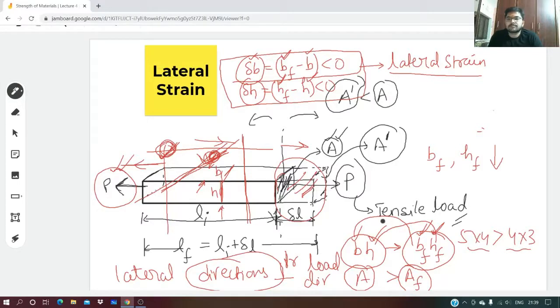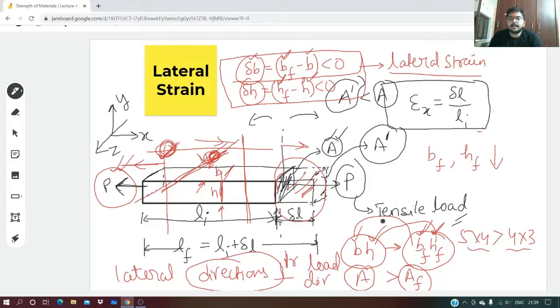Say for example, this longitudinal direction is x, this vertical direction is y, and this horizontal one, out of the plane of this paper or screen, is z. Then epsilon x is delta L by L initial, and this is along the length, that's why it is longitudinal strain.